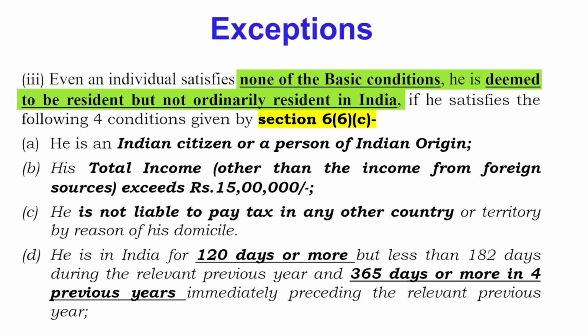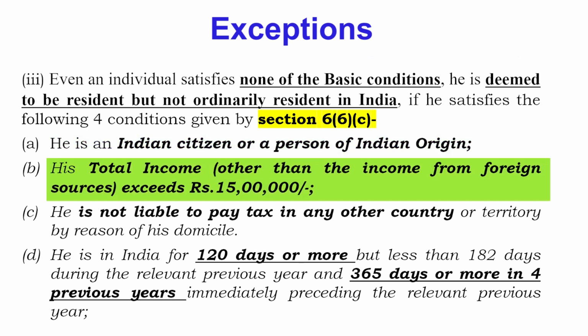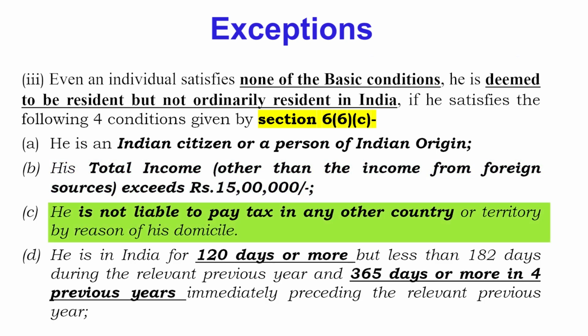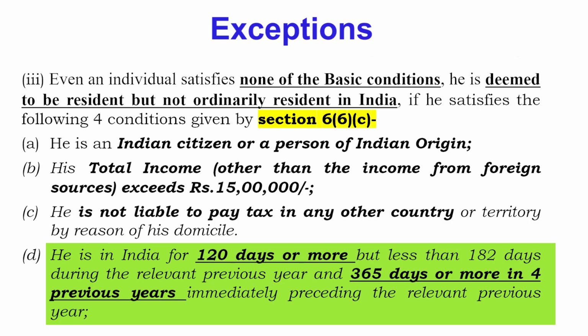The four conditions are: (a) he is an Indian citizen or a person of Indian origin; (b) his total income other than the income from foreign sources exceeds rupees 15 lakhs; (c) he is not liable to pay tax in any other country or territory by reason of his domicile; (d) he is in India for 120 days or more but less than 182 days during the relevant previous year and 365 days or more in 4 previous years immediately preceding the relevant previous year.